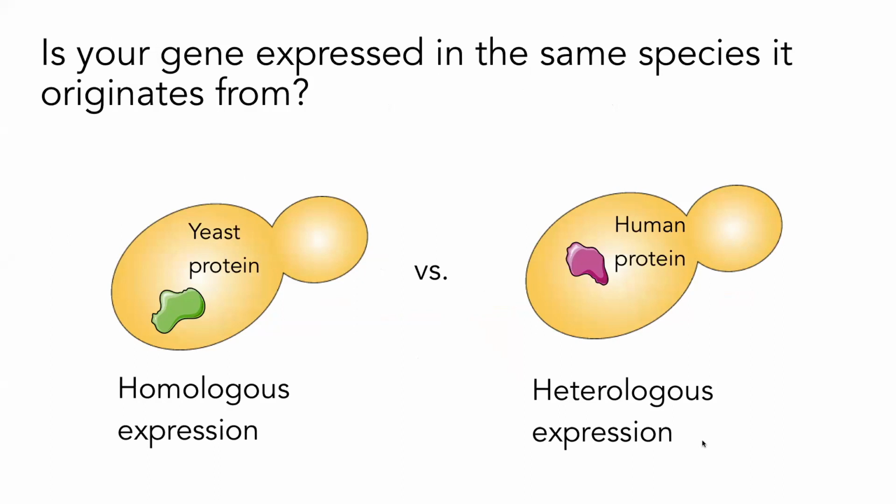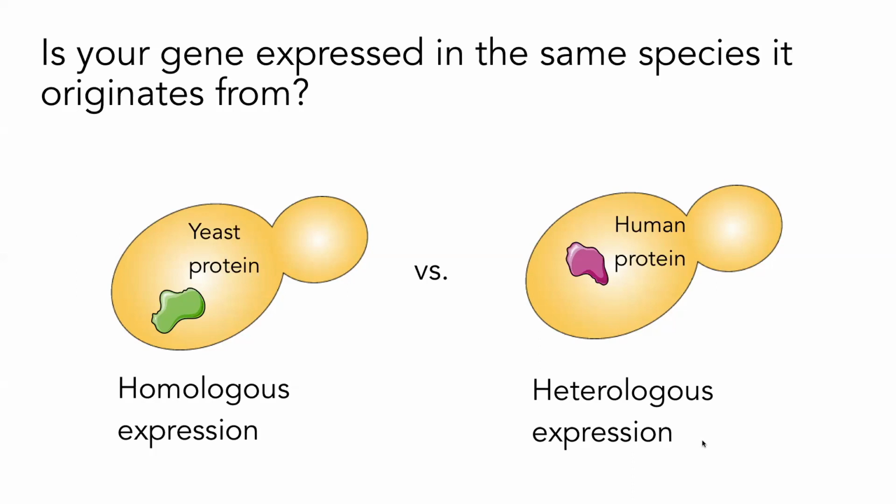But oftentimes, for technical reasons, we have a case on the right where we have to express our protein of interest in a system that it did not originate from, aka heterologous expression. And I actually don't think this is a huge issue in many cases, and I can think of some instances where this type is an advantage.